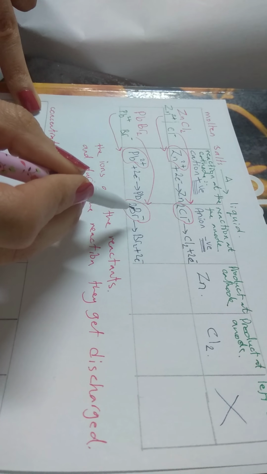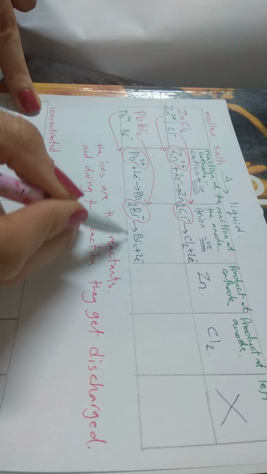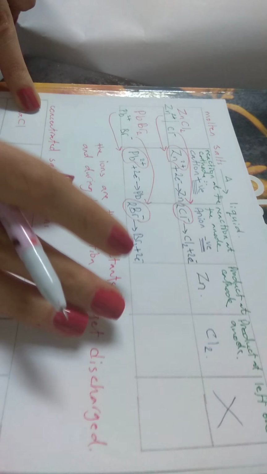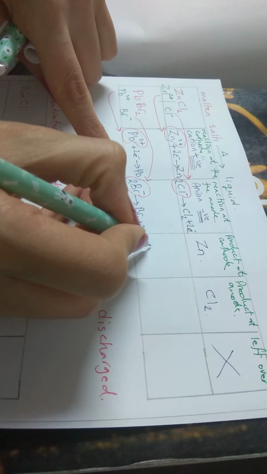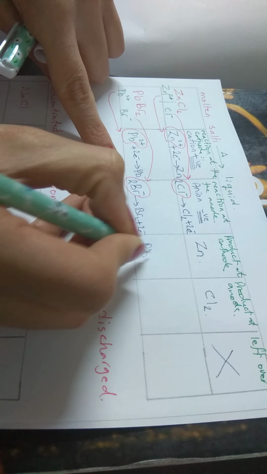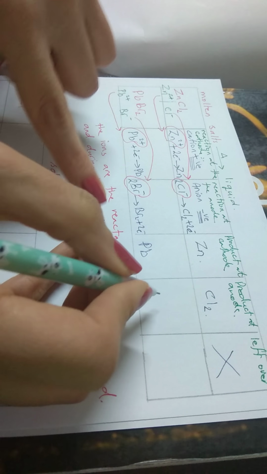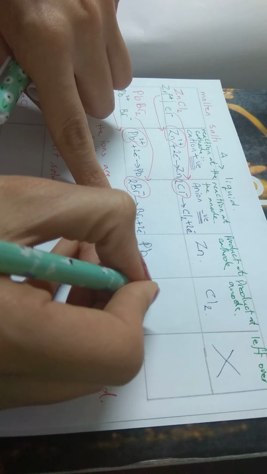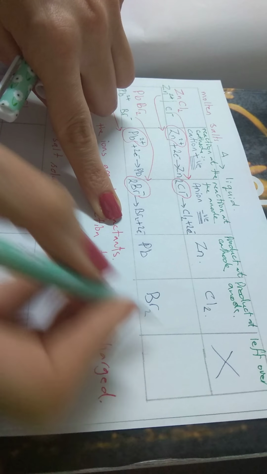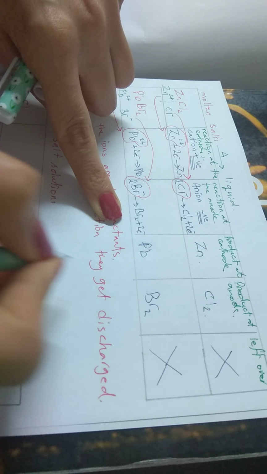Here the Br-, the same, it lost electrons and it got discharged. Now, the product at the cathode in this is the Pb with no charge. And the product at the anode is the Br2, also with no charge. And there is no leftover.